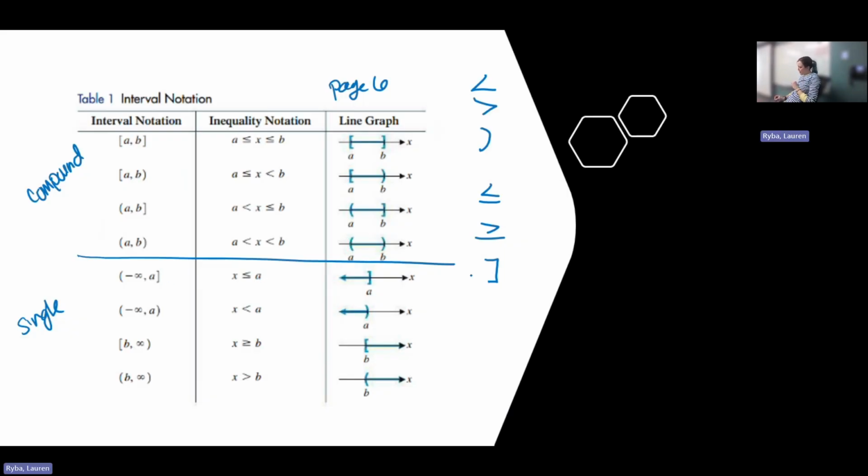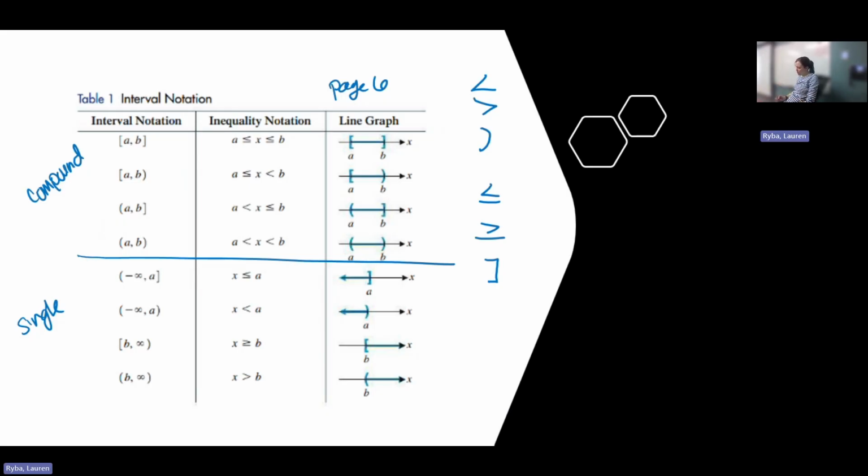Okay, depending on our inequality determines how we then graph our solutions. If we want numbers less than 3, I'm going to plot that value and shade to the left because the numbers less than 3 are to the left. This is my left, that's your left. Left. Greater than are going to be to the right. Compound are going to be between.